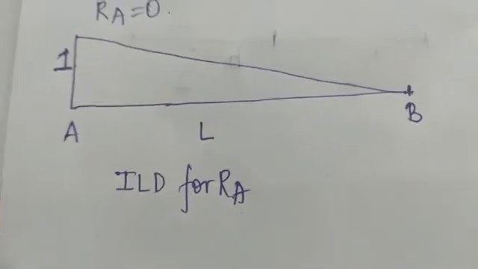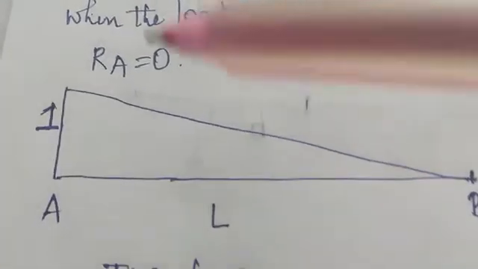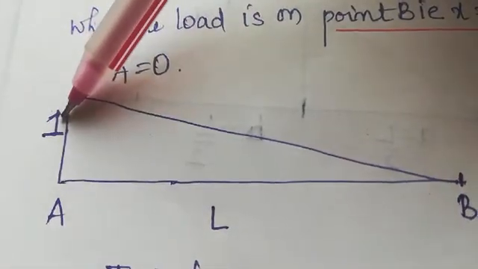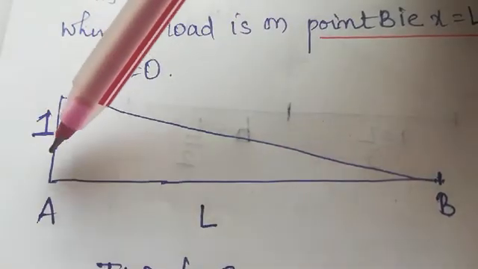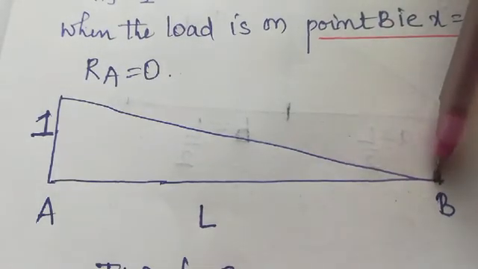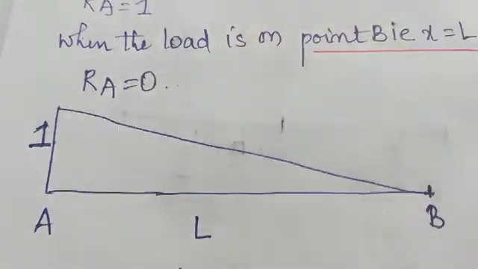So this is the influence line diagram for RA. That is, when x is equal to 0, we had the value as 1, and when x was equal to L, we got the value of RA equal to 0.